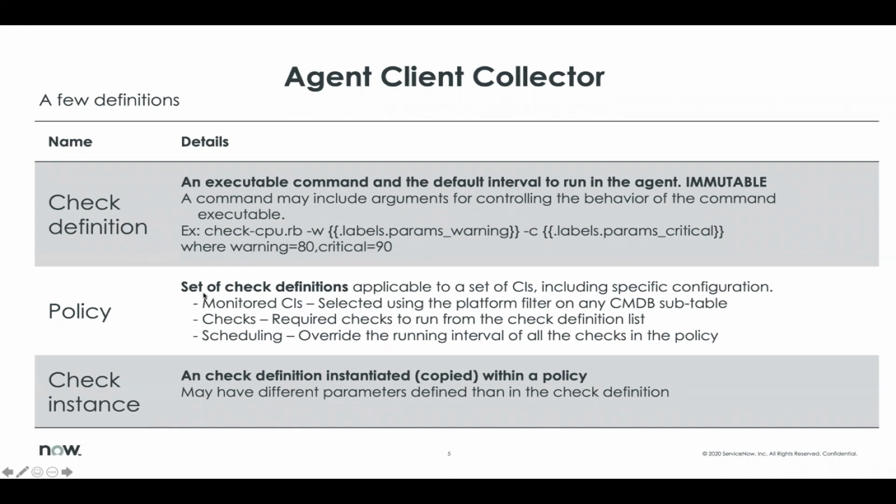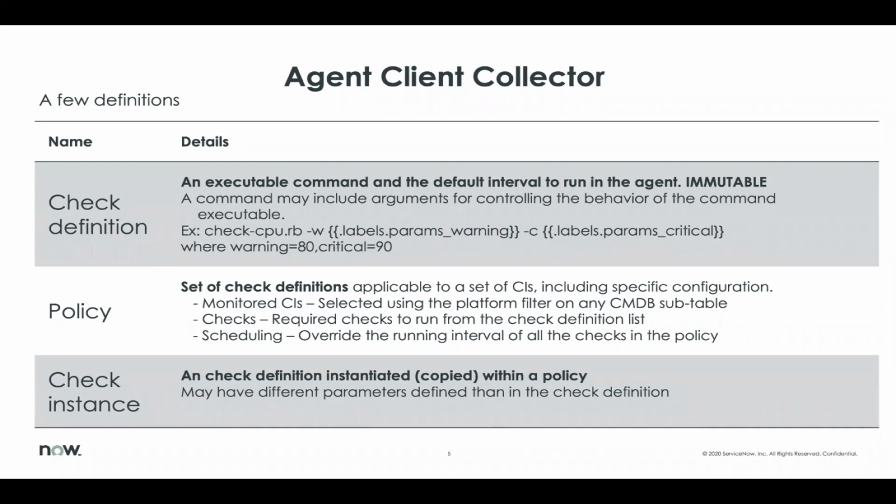So a check is one thing that's defined. A policy is a set of these checks that are defined for a particular reason. For example, Windows operating system checks, or Linux operating system checks, or Apache Tomcat checks, or end user HTTP checks. A policy might contain one check or several checks, and a policy is what gets rolled out.